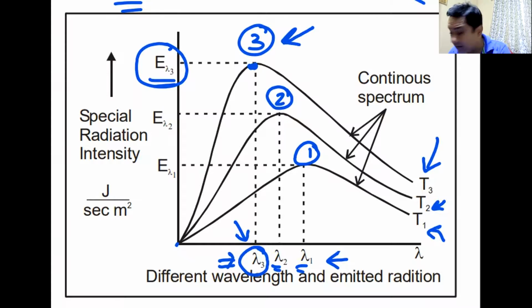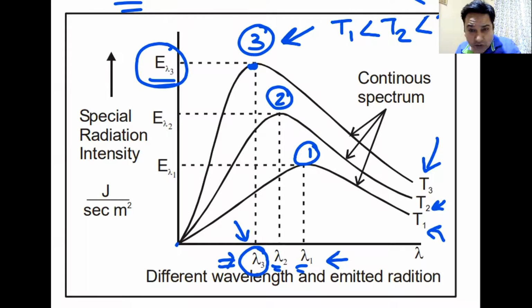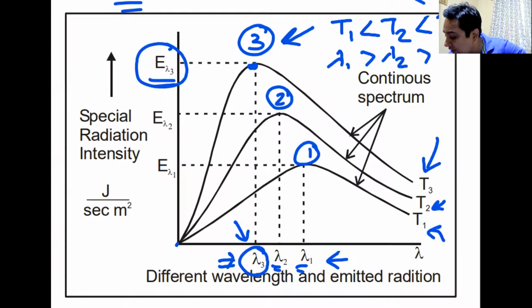So if I write in terms of temperature, T1 is less than T2 is less than T3. Do we see this? But if I talk in terms of lambda, lambda 1 is greater than lambda 2 is greater than lambda 3. Have you noted this thing down?